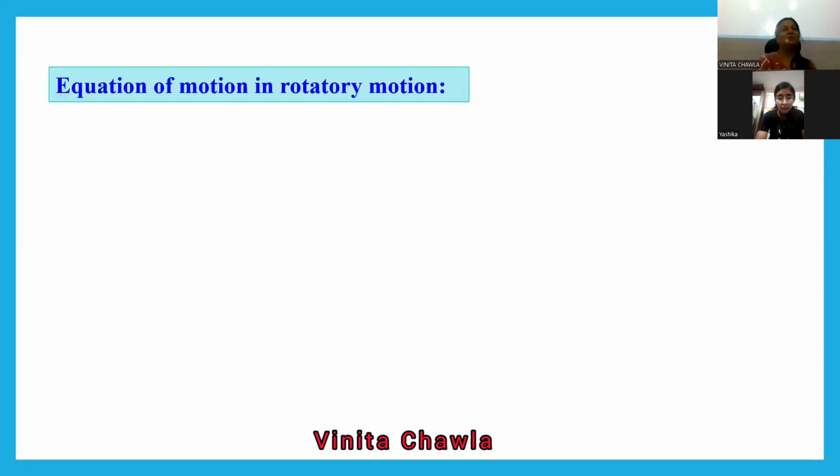Equation of motion in rotatory motion. You have done equation of motion earlier for translatory motion. What was the first equation of motion? v is equal to u plus at. If we consider an object which is moving with some initial velocity u at time t equals 0, and it covers some distance s and reaches some point after some time, and its velocity changes to v, then we write the first equation of motion as v equals u plus at, and the second as s is equal to ut plus half at square.